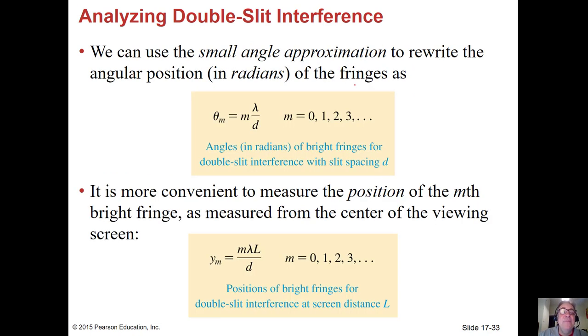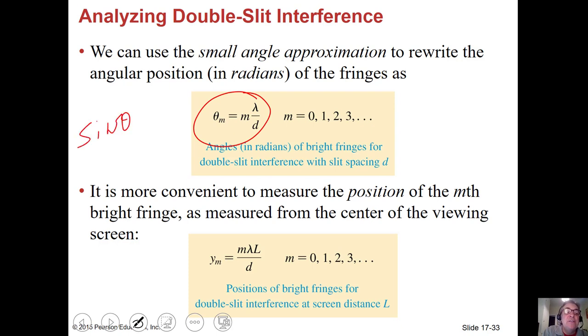Okay, and we could use a small angle approximation. So as long as you measure the angle in radians, the sine of theta is practically equal to theta. That's where this formula is coming from. So when the angle is small, measured in radians, sine of theta is approximately equal to theta, and you can plug that in here.